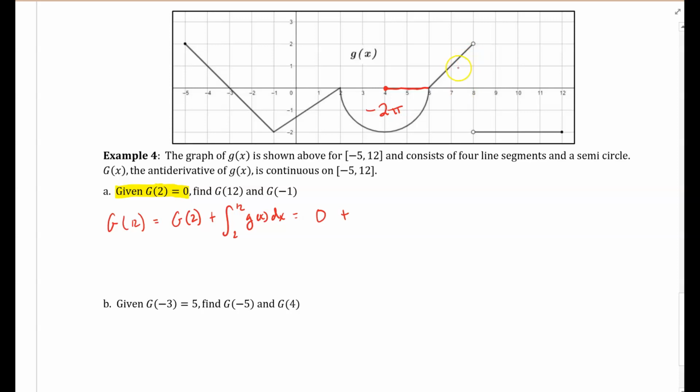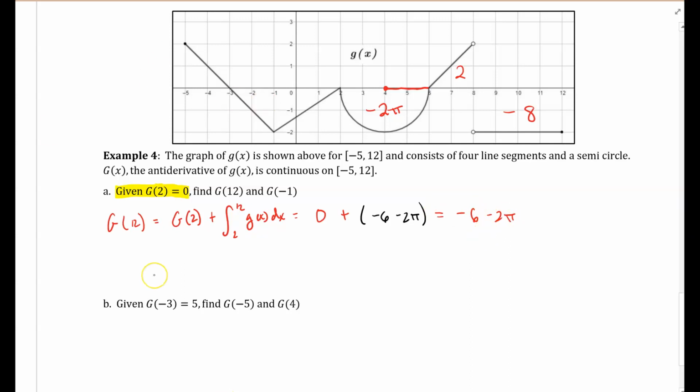This area right here is 1/2 base times the height. And then this area right here, just by counting the rectangles, we have negative 8. If we add all of that up, we have negative 6 minus 2 pi, which is our final answer.